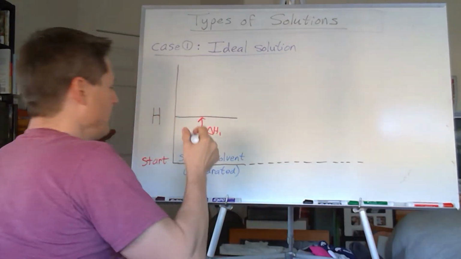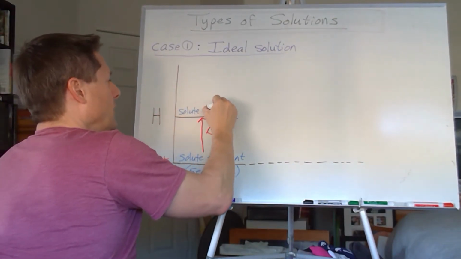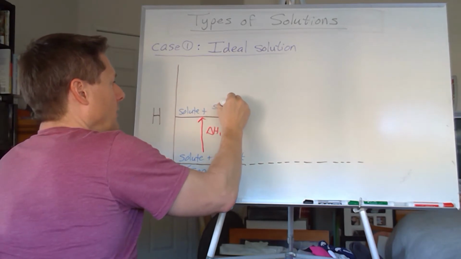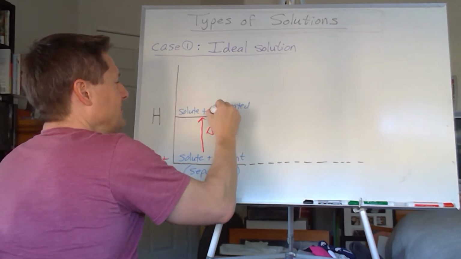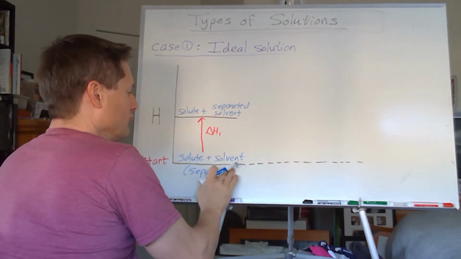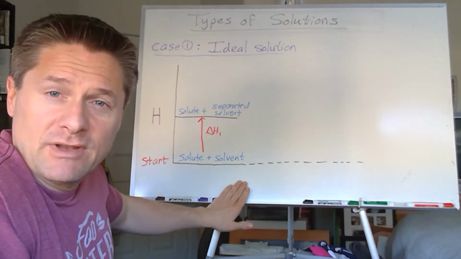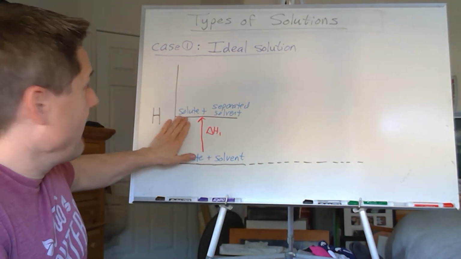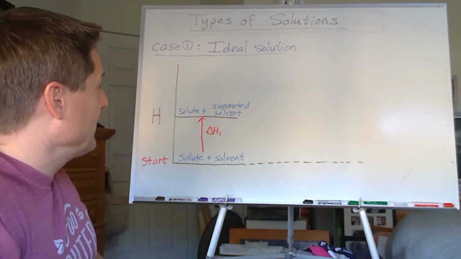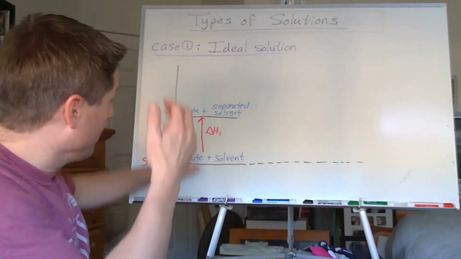So in this case, we've got the solute plus the separated solvent. Individual solute, individual solvent. We haven't done anything to the solute yet, but we've broken up the solvent. That's the enthalpy it takes for that one, and we know it's endothermic, so it goes up.